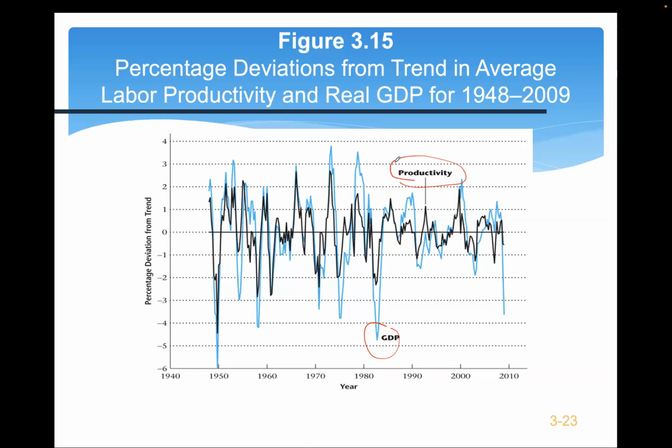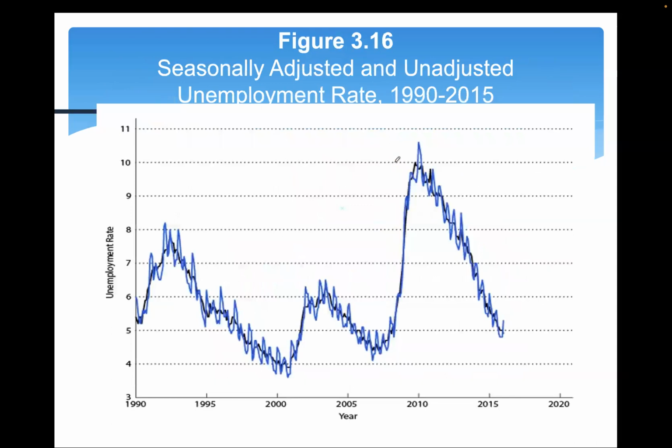Okay, so now we are going to look at seasonally adjusted data. What does this mean? First, let me show you the graph and then explain what that means. The blue line is the original data, unadjusted. But the black line is seasonally adjusted.